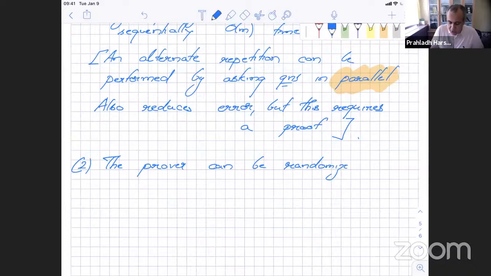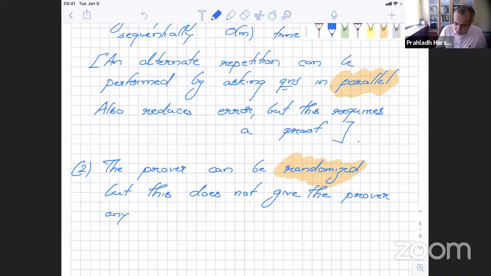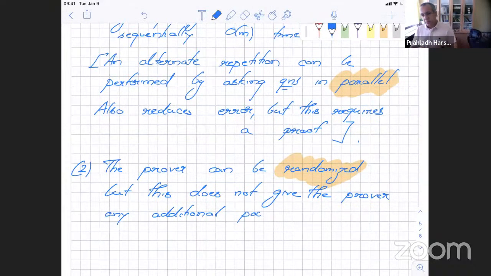The definition did not allow for this, but I want to say the prover can be deterministic, and this does not give the prover any additional power, as the prover can find out which random coins maximize the probability of accepting and use that particular random coin.